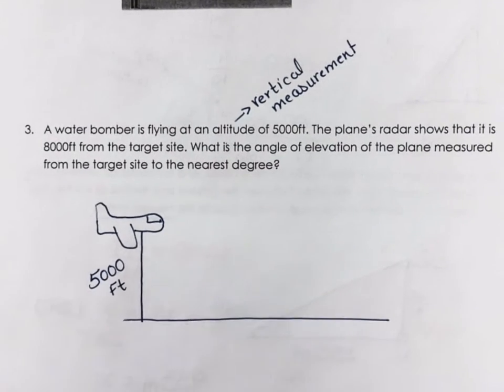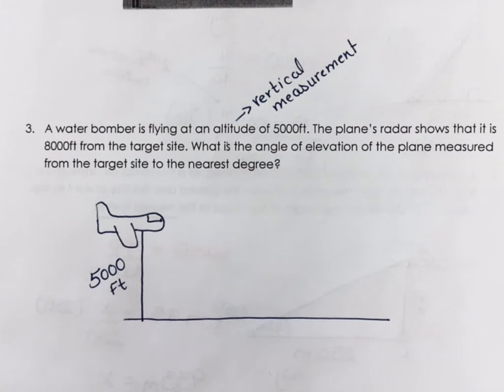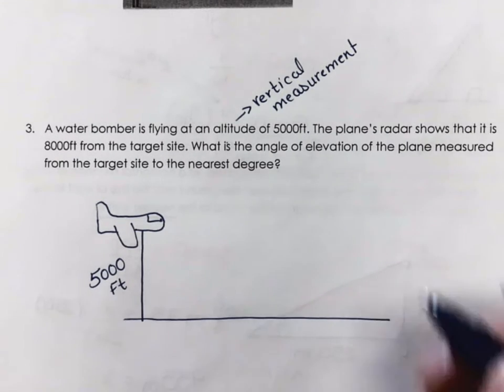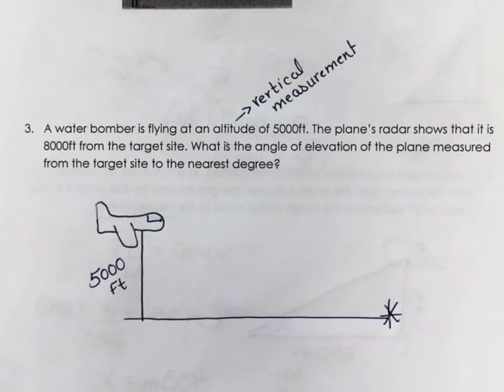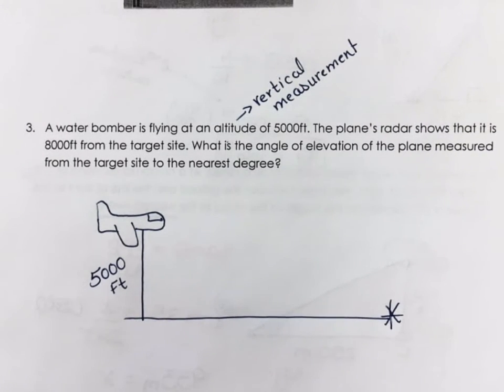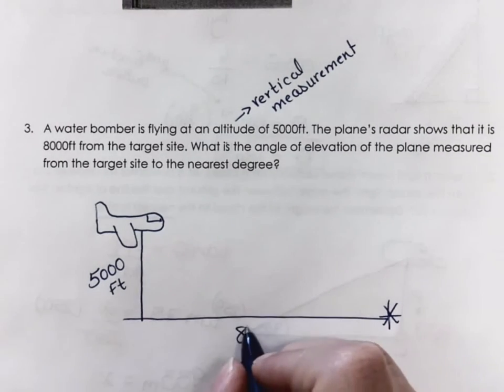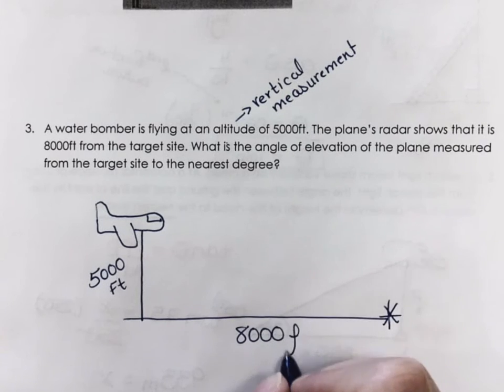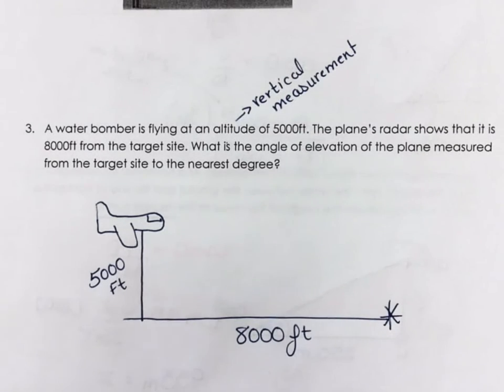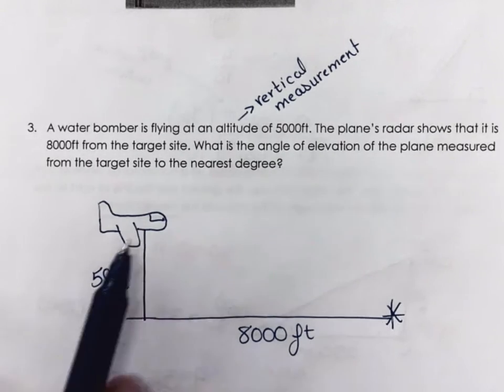Okay, the plane's radar shows that it is 8,000 feet from the target site. We'll say that this is the target site, and it's 8,000 feet from it. What is the angle of elevation of the plane measured from the target site to the nearest degree? So we're measuring from the target site to the plane.